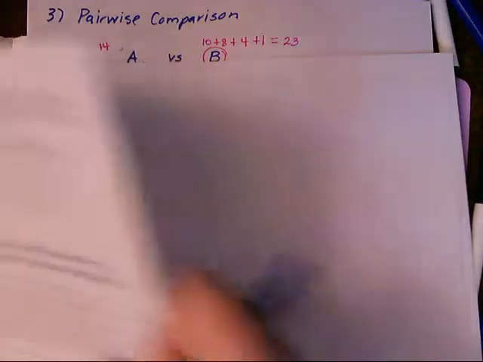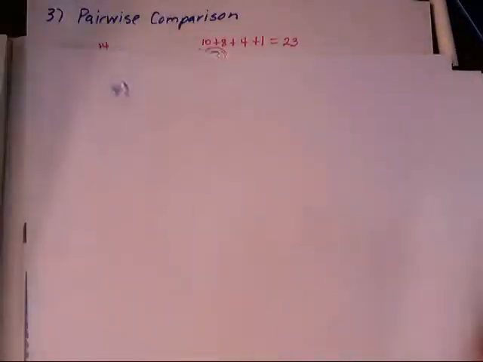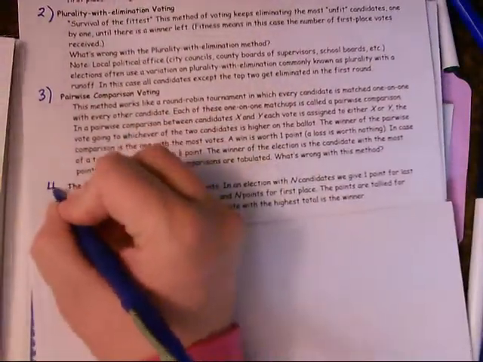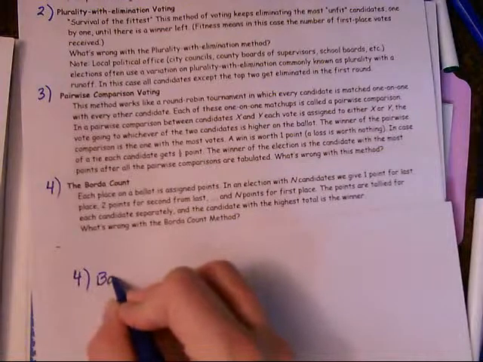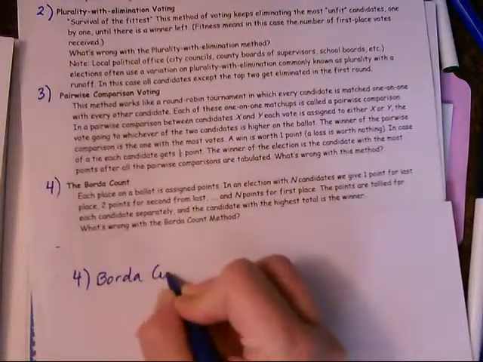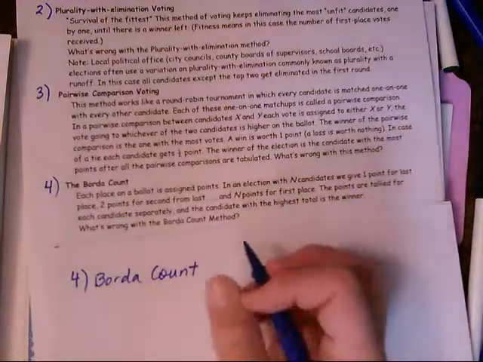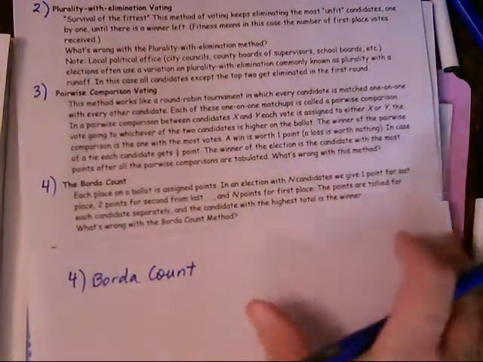The fourth method is, I keep losing that one page. Here we go. The fourth method is the Borda count. This is really kind of fun, but you have to be careful because it's easy to make a little arithmetic mistake.